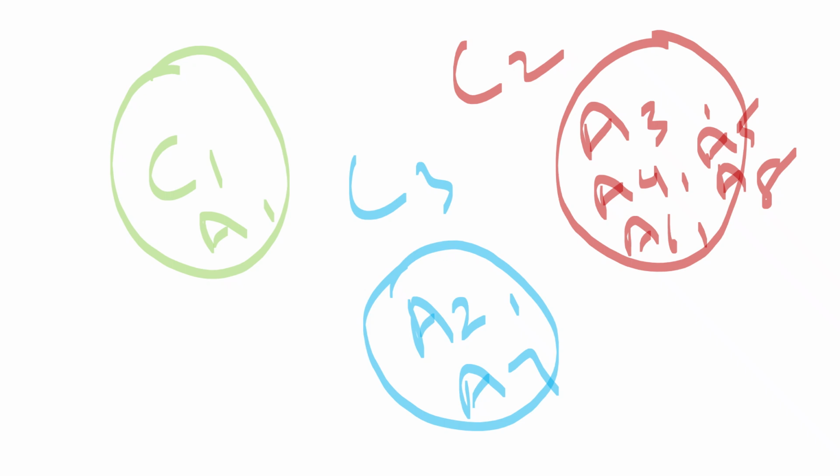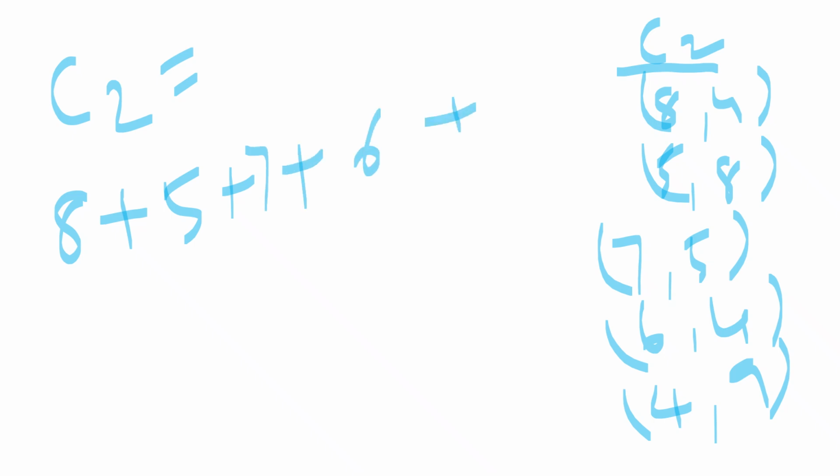Now in C1, that means cluster 1, there is only one data point, so there is no need to change the cluster head. But in C2 and C3, we have multiple data points, so we have to calculate the mean value. In cluster 1, there is no change. In cluster 2, I take the mean value in the X and Y directions. I add all X values: 8 plus 5 plus 7 plus 6 plus 4.